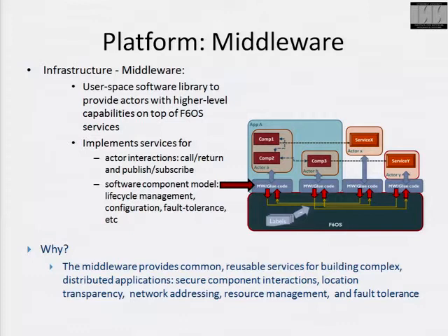So the middleware is responsible for starting components, stopping components, updating components, making sure they're running, and for fault tolerance. If there's a fault manager running, it communicates with the middleware and says, I need to stop this component and bring it back up. That can happen.